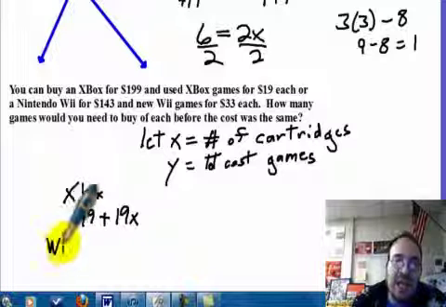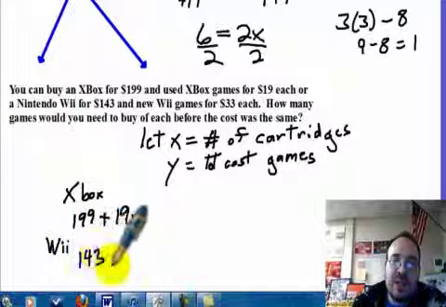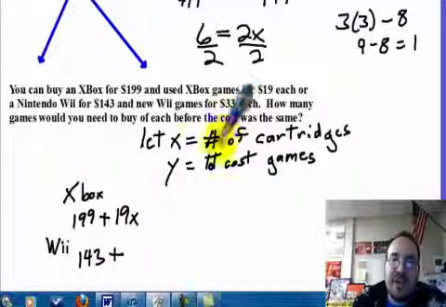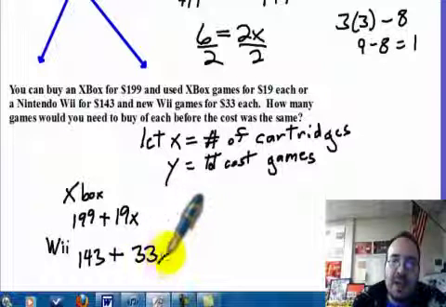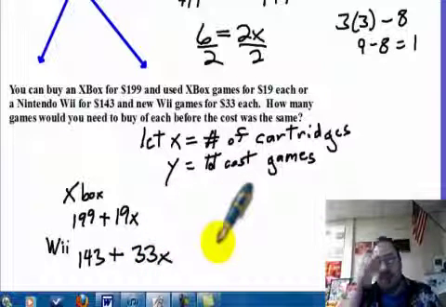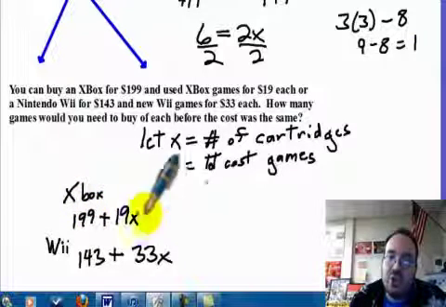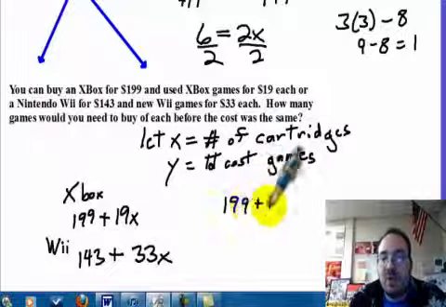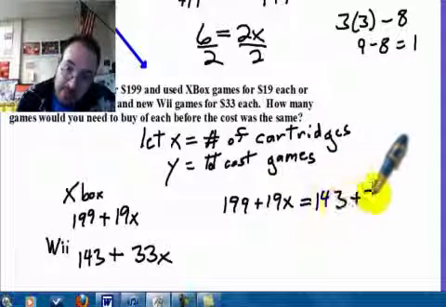And then for the Wii, it's $143 for the whole thing, plus each game is $33, so I have 33x. And then I'm going to set these things equal because I want to know when the cost is the same. So 199 plus 19x equals 143 plus 33x.